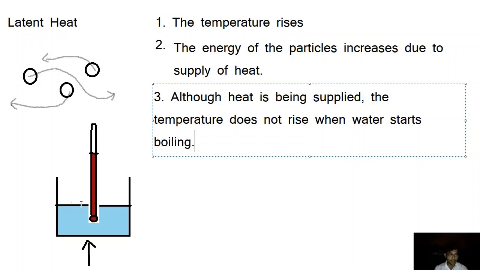So at this point of time, the energy being supplied does not increase the energy of the particles, rather it is used up to change the state of the particles. That is, the bonds of attraction are broken and the particles are converted from liquid state to the gaseous state. So this heat which is used up to change the state of the particles from liquid to gas is not seen as a rise in temperature.